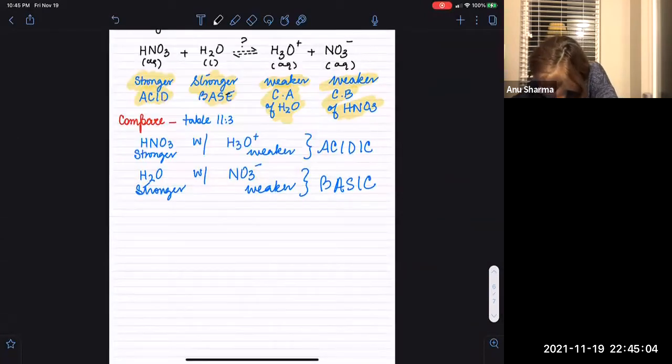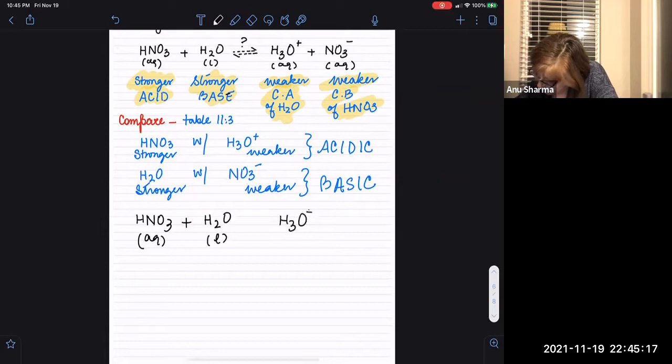HNO3 aqueous plus H2O liquid yields H3O plus aqueous and nitrate ion, NO3 1 negative, aqueous.